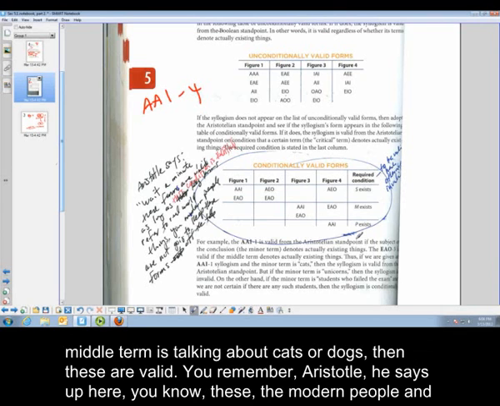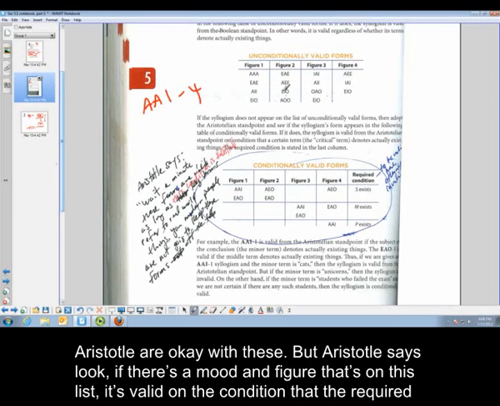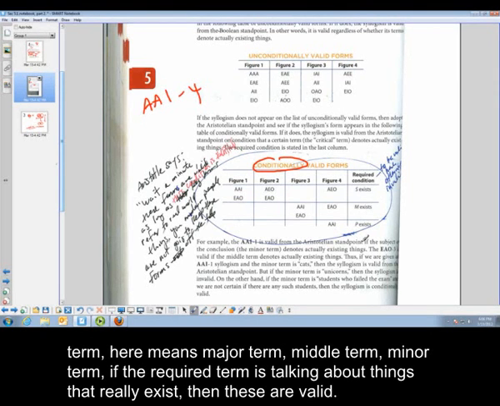But if the term is talking about cats or dogs, then these are valid. You remember Aristotle, he says up here, the modern people and Aristotle are okay with these. But Aristotle says, look, if there's a mood and figure that's on this list, it's valid on the condition that the required term, here means major term, middle term, minor term, if the required term is talking about things that really exist, then these are valid.